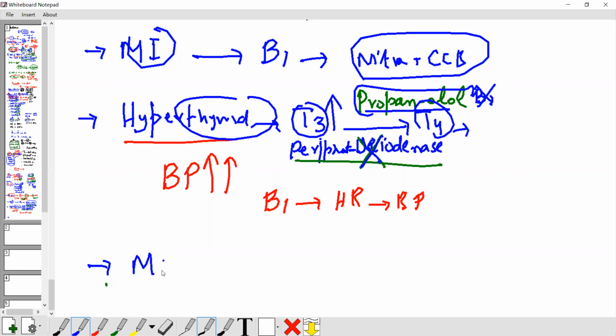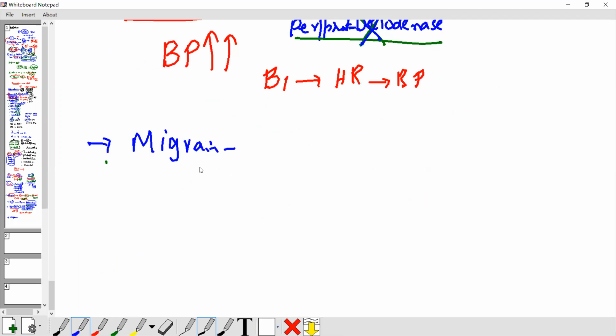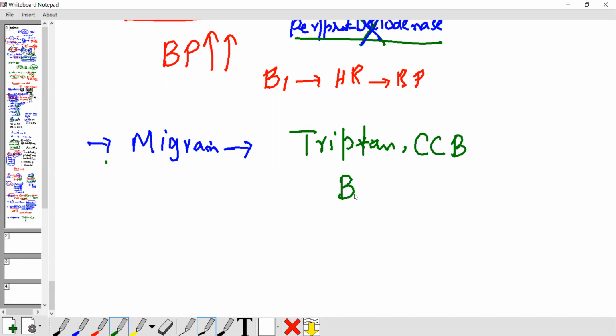Another use, migraine prophylaxis. In migraine, we can use three drugs. One, triptan. Second option, calcium channel blocker. Another option, beta blockers.